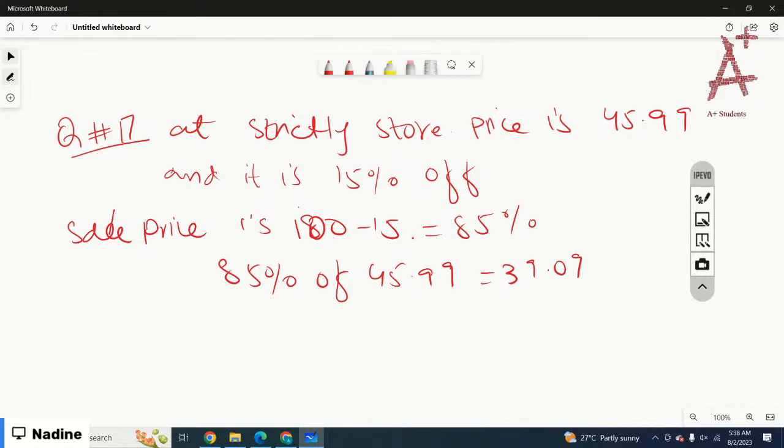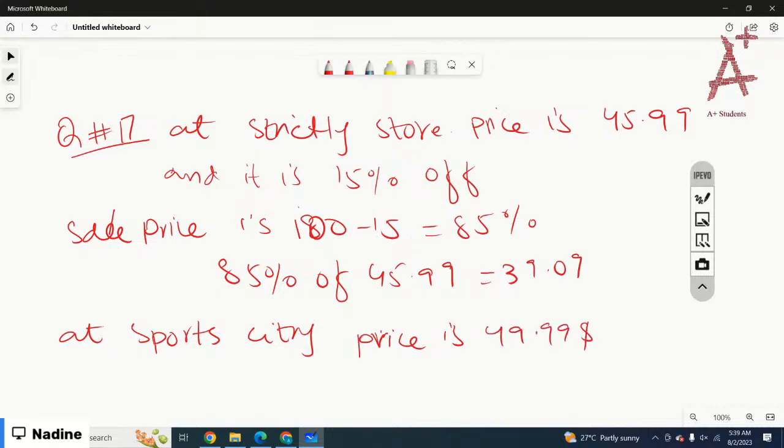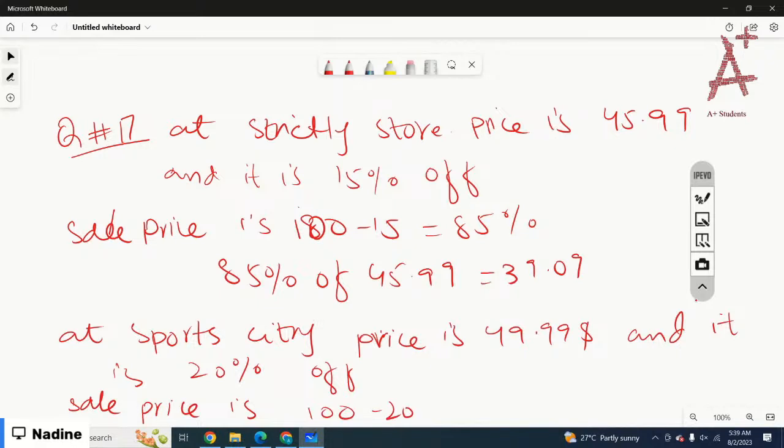Then at Sports City, the price is $49.99, and it is 20% off, right? So the sale price is 100 minus 20.